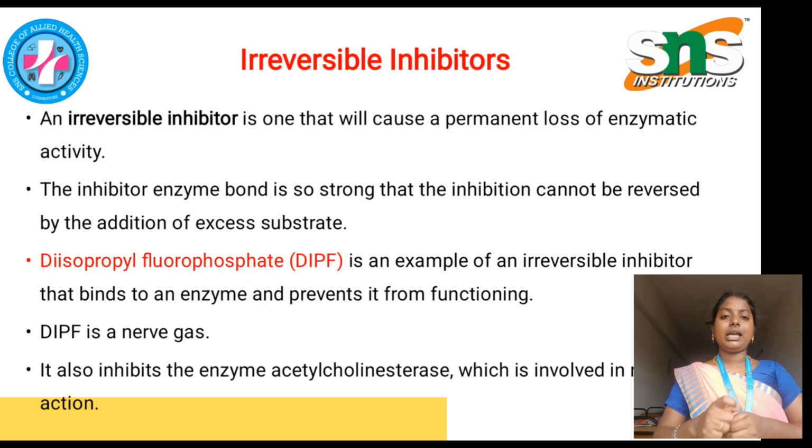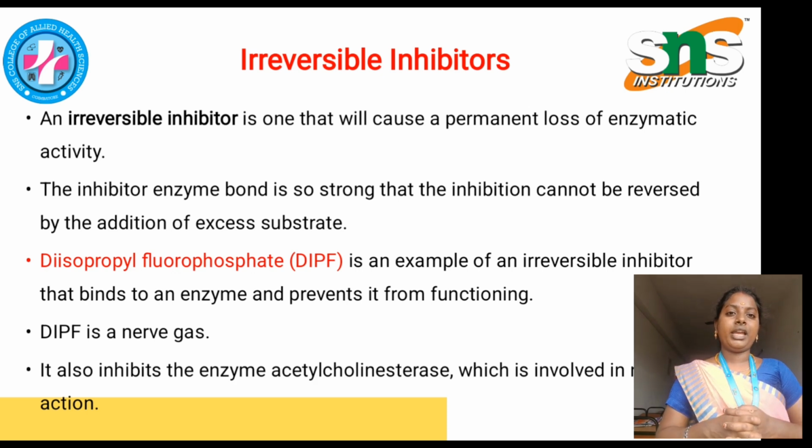When this nerve gas, diisopropyl fluorophosphate, enters our nervous system, it blocks the activity of acetylcholinesterase, where it damages the nerve muscles, and it also affects our central nervous system, and it also leads to coma and death.